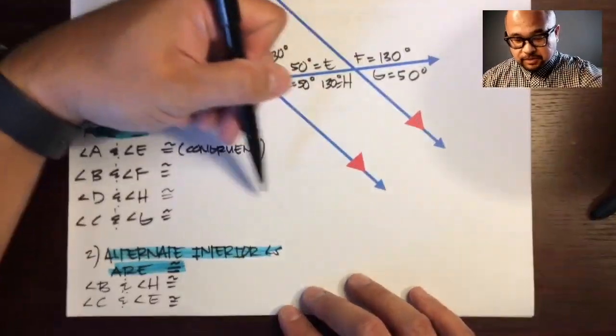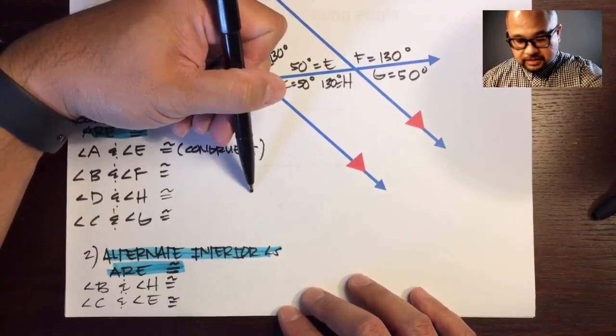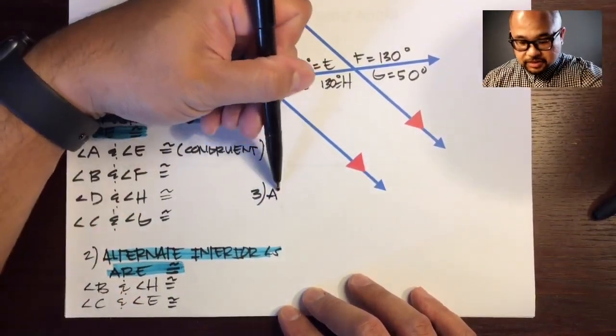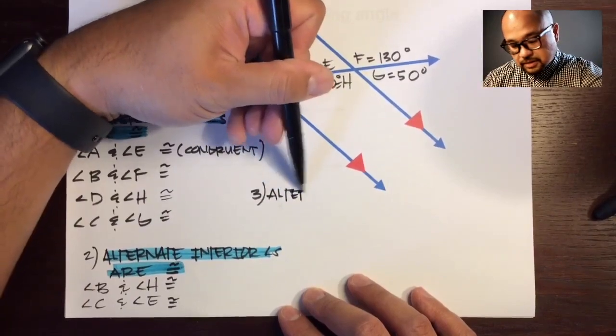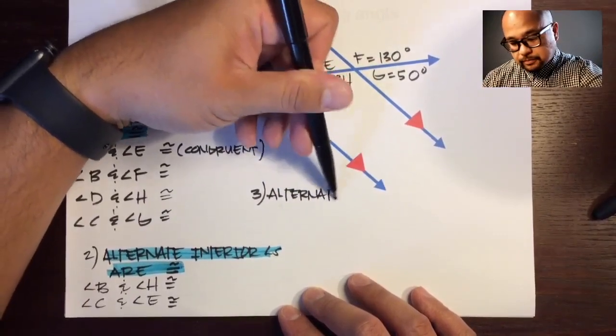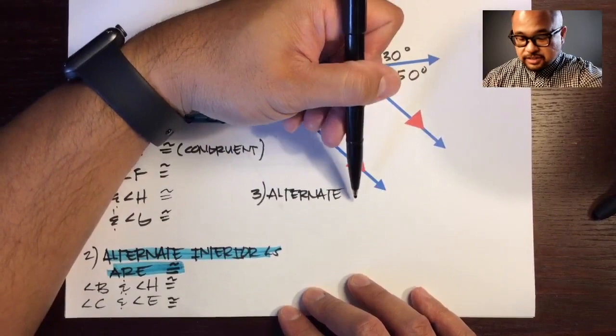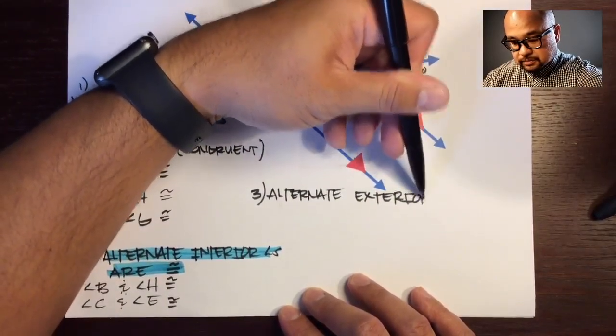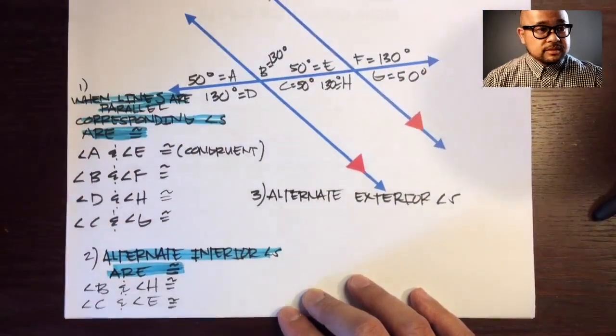Okay, fact number 3. Let's look at alternate exterior angles.